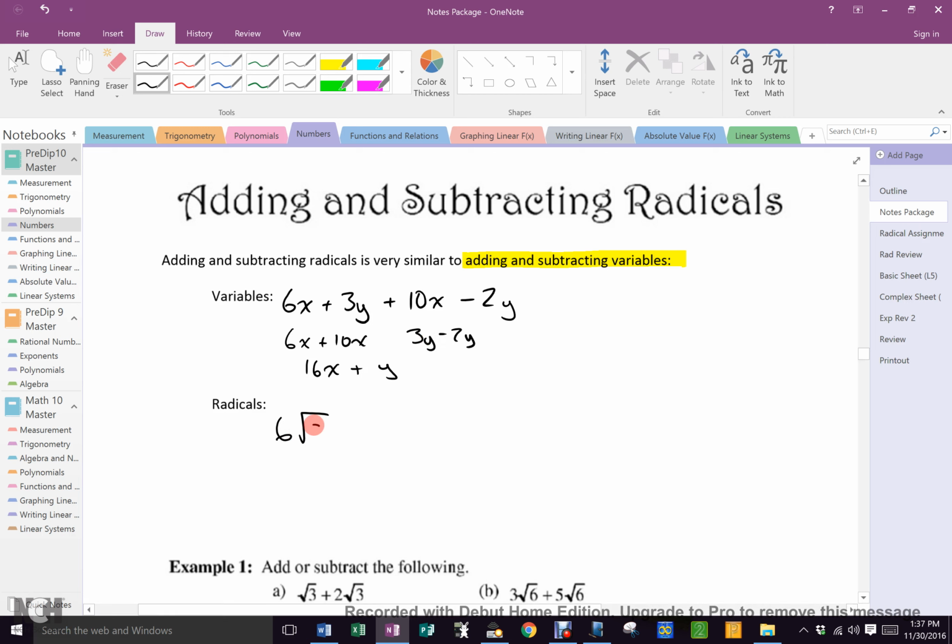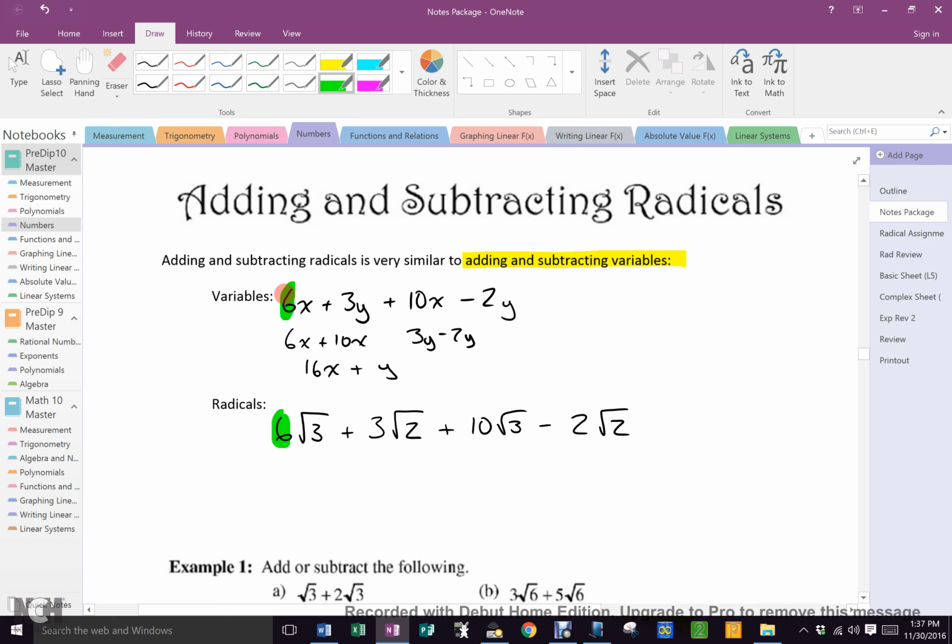6 root 3 plus 3 root 2 plus 10 root 3 minus 2 root 2. Pretty much the same thing, isn't it? Because what do I have here and here?